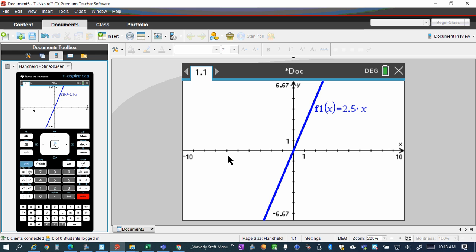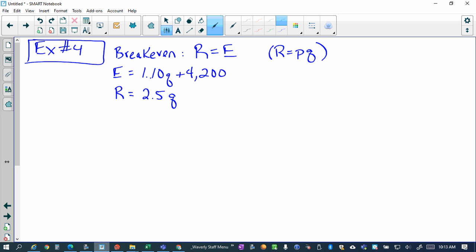Okay. So in real life applications, if you remember, we're always working in this first quadrant where everything's positive, right? So let's change our graphing window so that's the case. The X from 0 to 5100 probably.